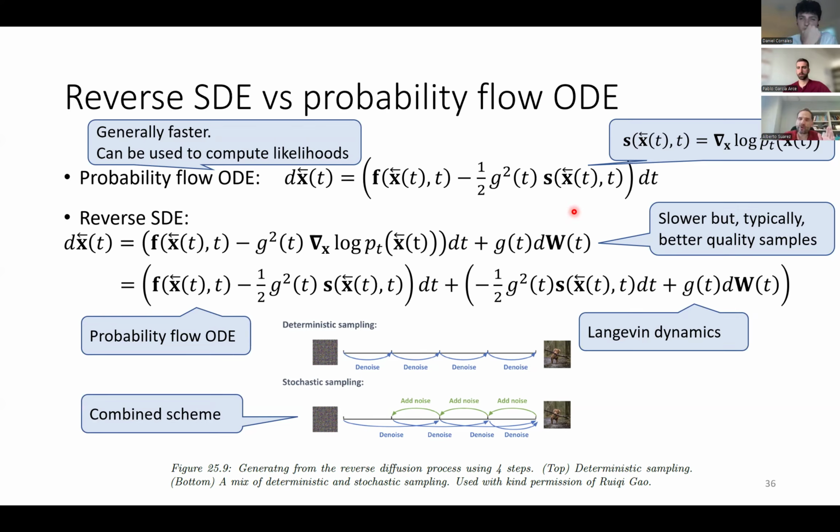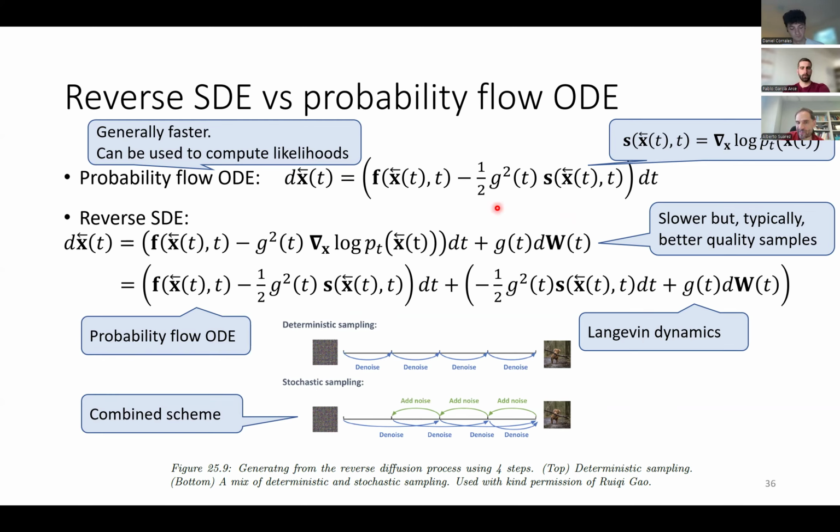Not in the forward part for training, no, because those dynamics are always stochastic, and since you can do it in one step, the cost of the training doesn't have to do with the difficulty of integrating the stochastic differential equation, which is exact, but rather with how many epochs you need to train your score network. But going backwards, yes. It depends on how many steps you give. So if you have the probability flow ODE, you can make do with fewer steps.